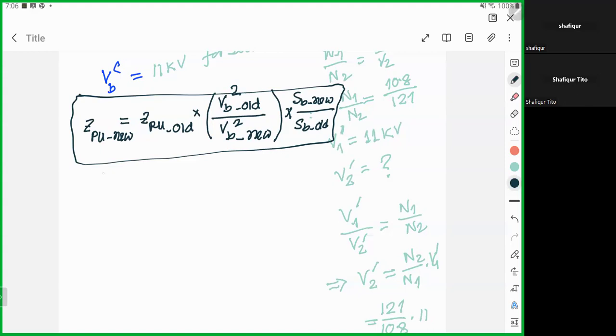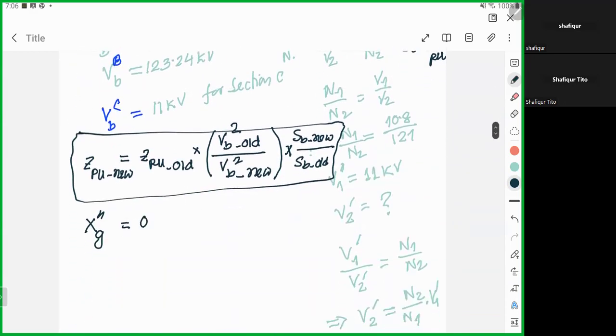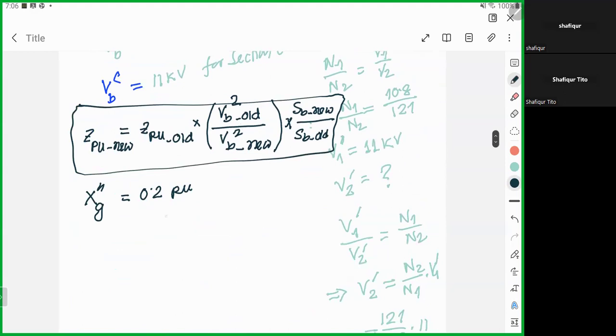So first we will transform XG prime, and that is given equal to 0.2 pu. And for this section, we have SB, we will take 30 MVA, and VB is equal to 11 kV.